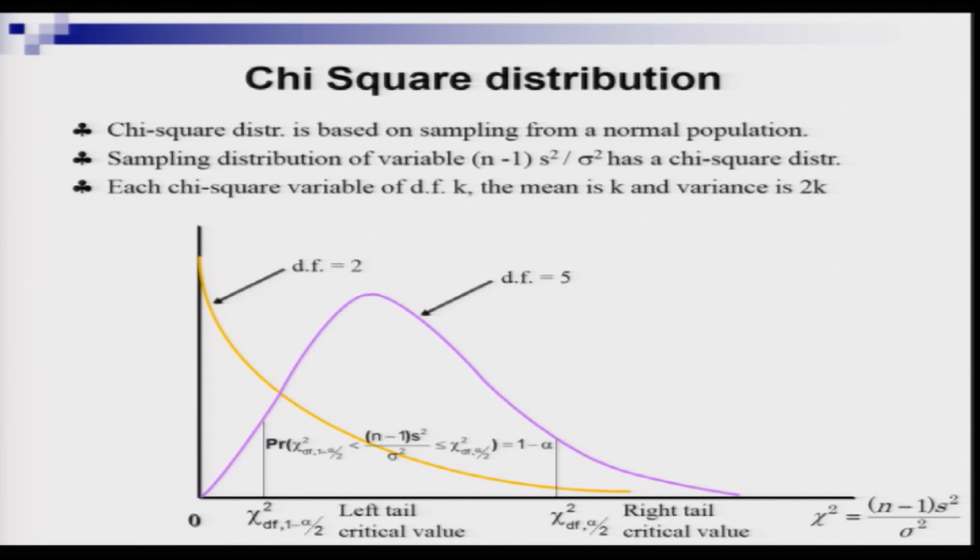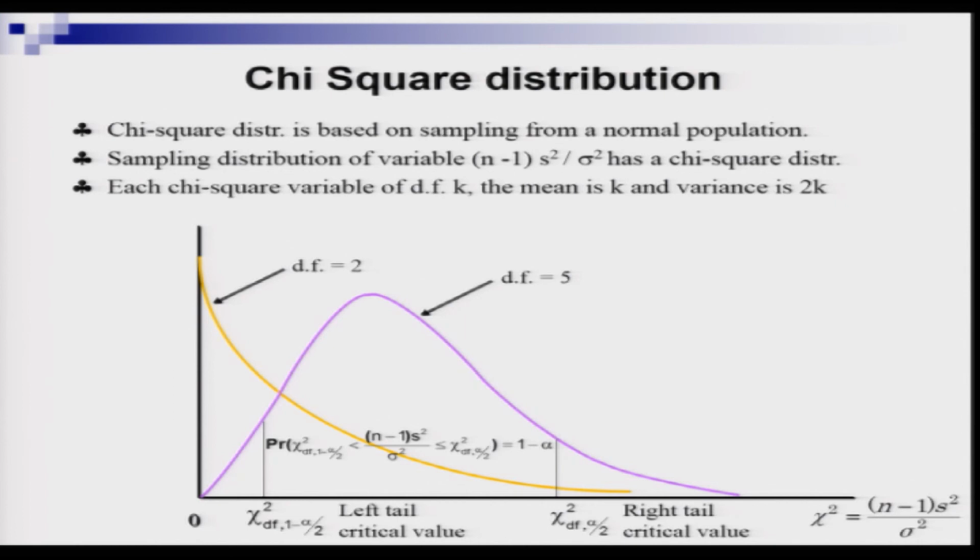But note that this is very complicated, because with the change in degrees of freedom, there is a change in the shape of the PDF of the chi-square random variable. So, how can we find the percentage points or the threshold values or the critical values, whatever you want to call them? I am not showing you the form of the PDF of the chi-square distribution, because that is very messy and complicated. It is very difficult indeed to get these critical values yourself by calculating on a piece of paper.